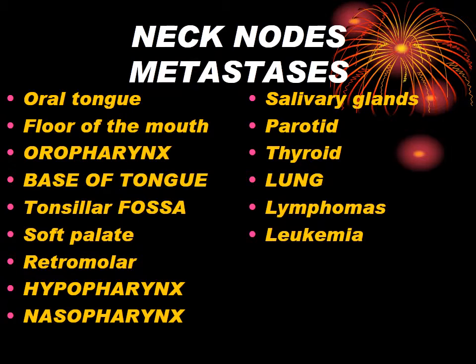Neck node metastases happen in oral tongue, floor of the mouth cancer, oropharyngeal cancer, base of the tongue, tonsillar fossa cancer, soft palate cancer, retromolar cancer, hypopharyngeal cancer, nasopharyngeal cancer, salivary glands, parotid, thyroid, lung, lymphomas, leukemias. All these give rise to neck node metastases.